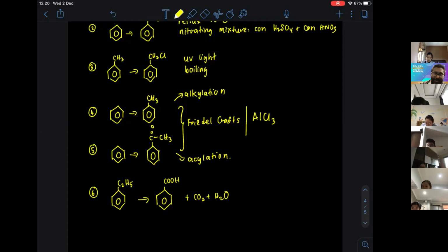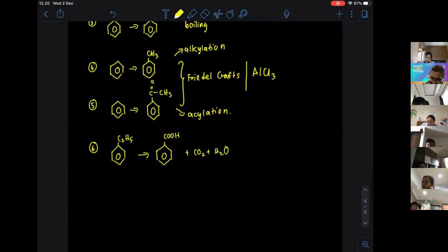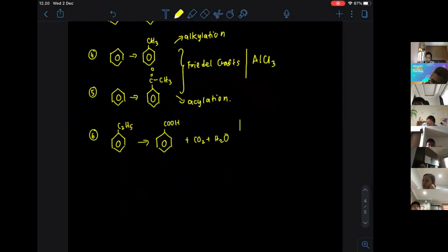And how about number 6? Maybe I will call Charlton. Number 6, what are the conditions required for oxidation? Alkaline. Very good. This is the one that I really want you to focus on. Alkaline, not generally when we say acidified.